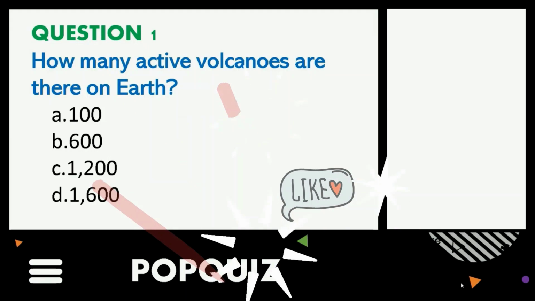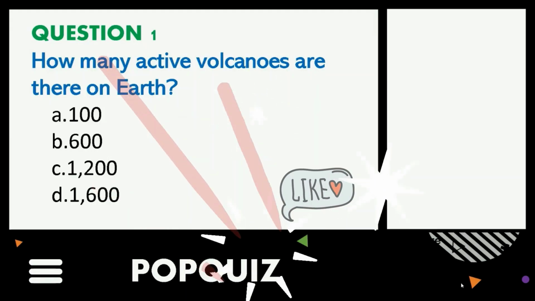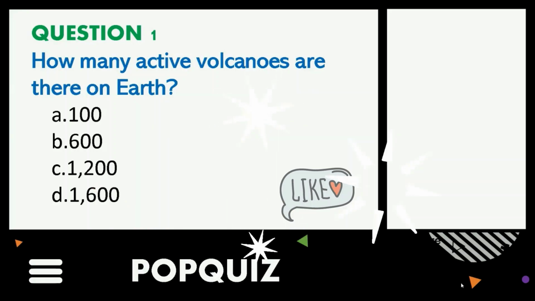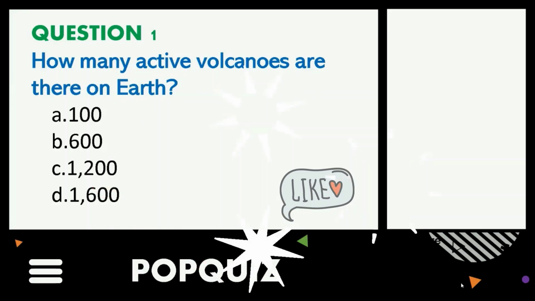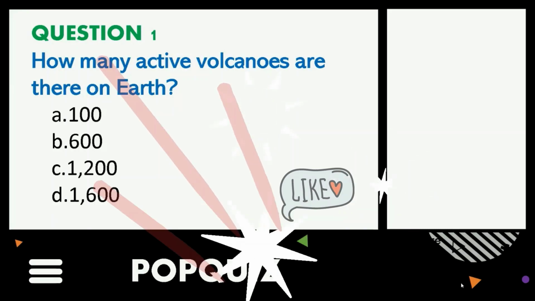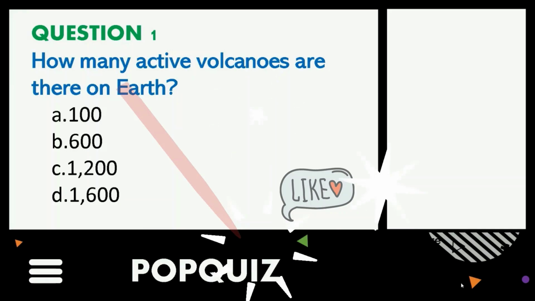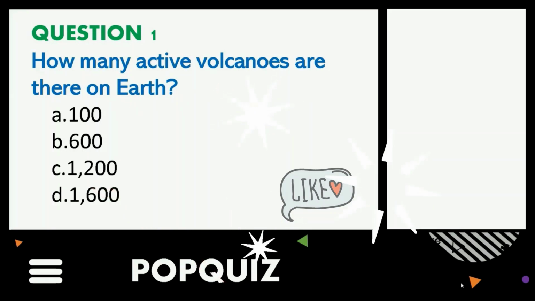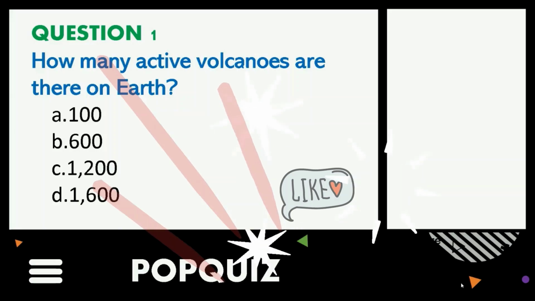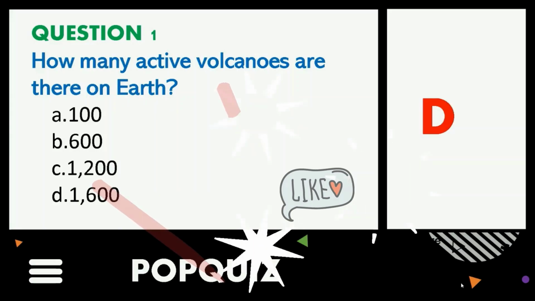How many active volcanoes are there on Earth? Is it A, 100? B, 600? C, 1,200? And D, 1,600? Go! And the answer is letter D.